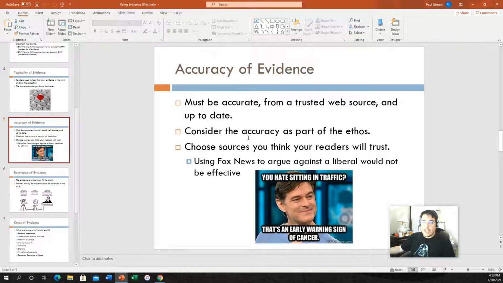consider the accuracy of your evidence as part of your ethos. If you are using shady evidence, if you are using evidence from a shady or shifty source, or a source that doesn't have a good reputation, that affects you as the writer.